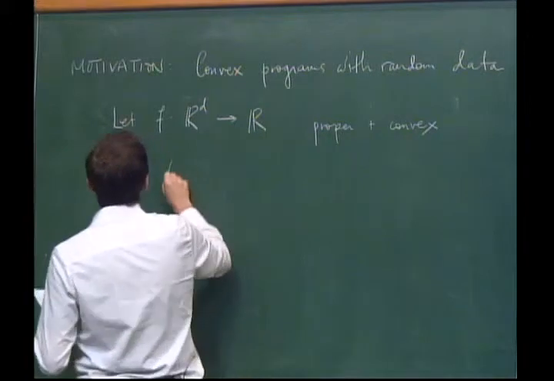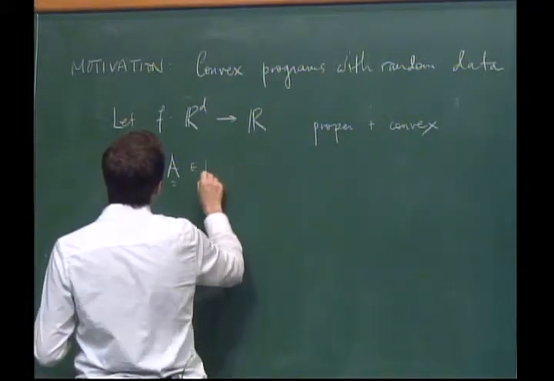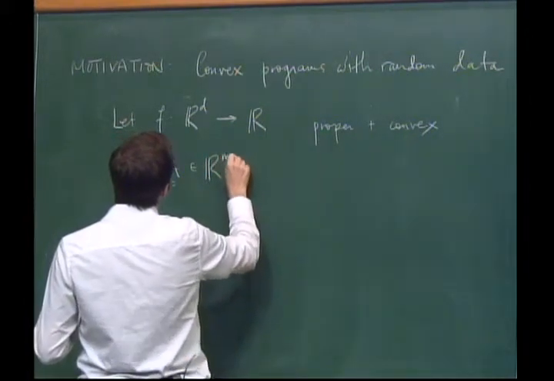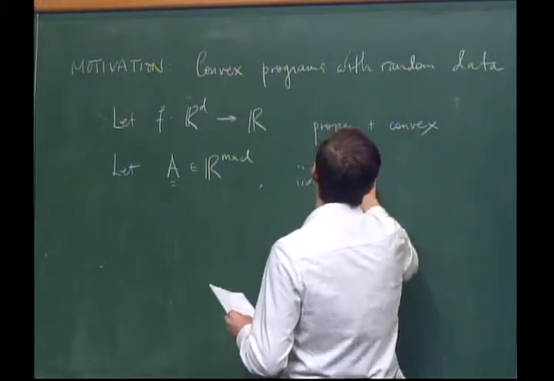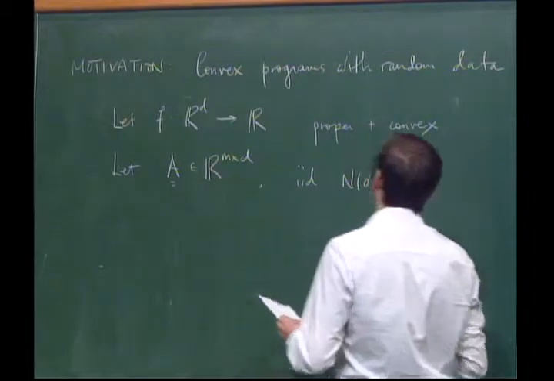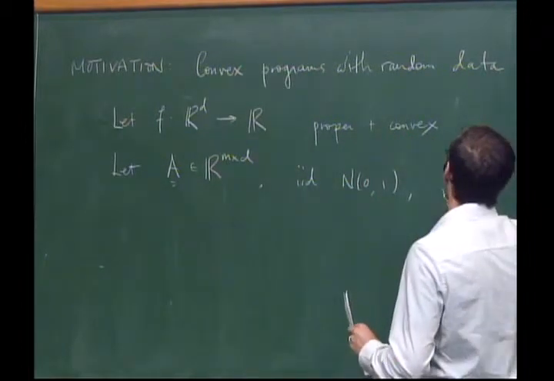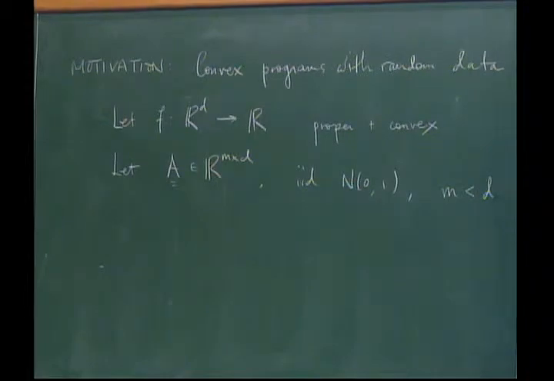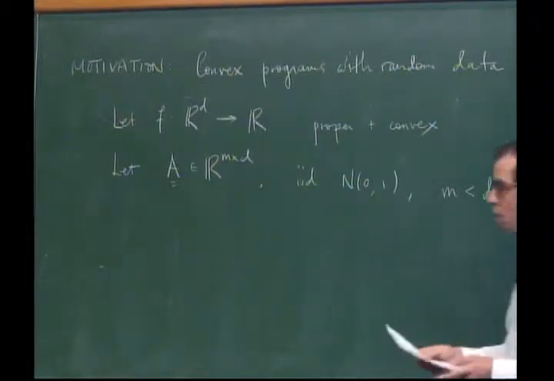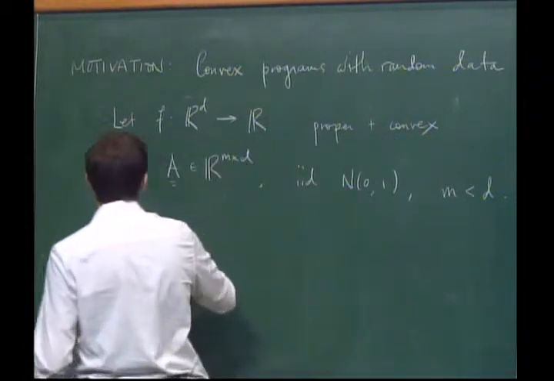And we'll let A be a real m by d matrix, and the entries will be independent standard normal variables, and I'm going to assume that the matrix is fat, which is to say that the number of rows is smaller than the number of columns. So we can pose the following optimization problem.